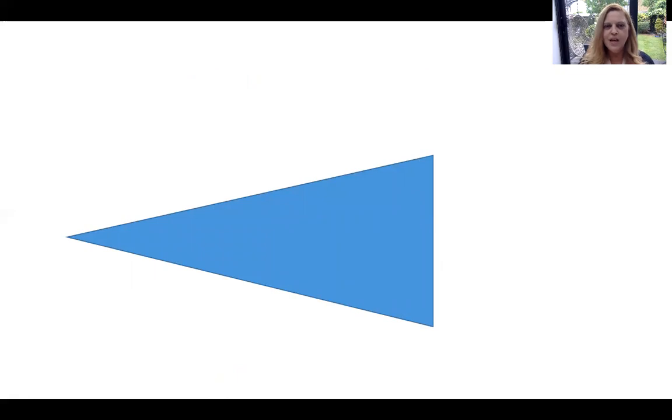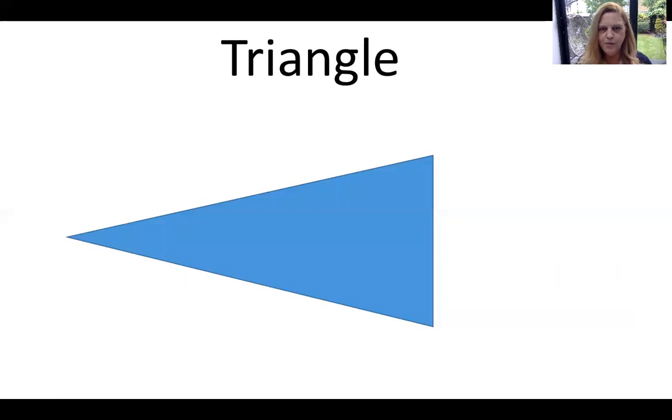What shape is that? I think you know. It's a triangle. And it's a bit of a different triangle to the one we normally show you, because remember, triangles come in different sizes and they point in different directions, and some are very tall.